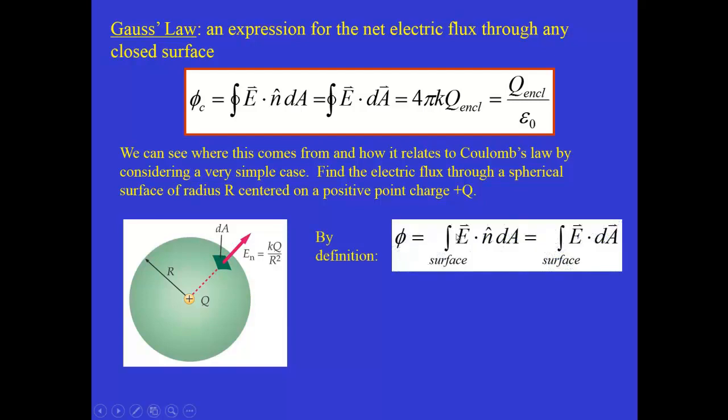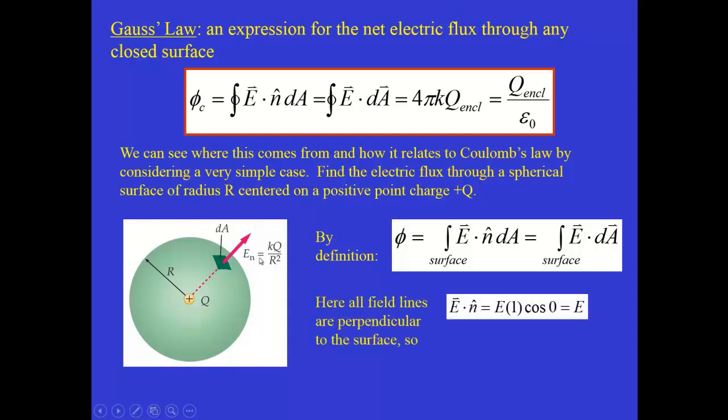So the flux, we know, is the integral over the surface of this quantity E dot dA. Well, dA is a vector that has magnitude dA and direction radially outward, which happens to be the same direction as the field line. And that parallel relationship between the field line and the dA vector is true everywhere on the surface. That's the symmetry that I'm talking about.